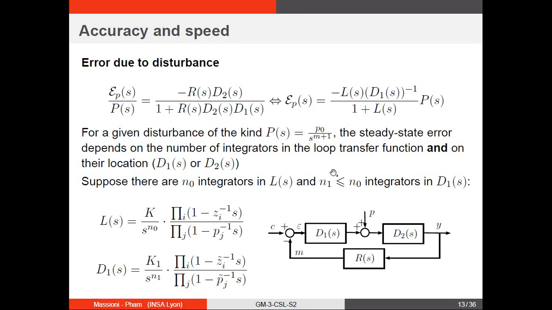So we call N1 the numbers of integrators in D1. We write L as before, like this, and D1 will be something similar with S to the power N1 at the denominator.